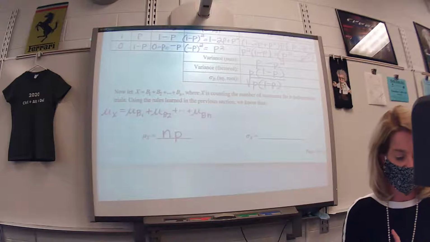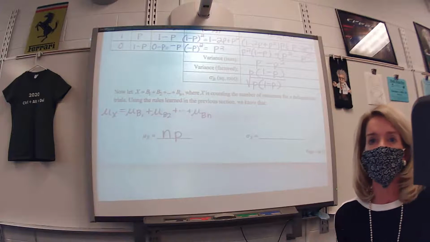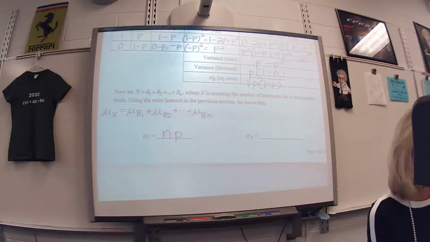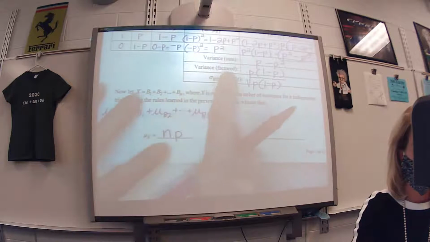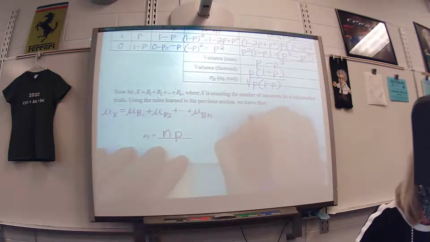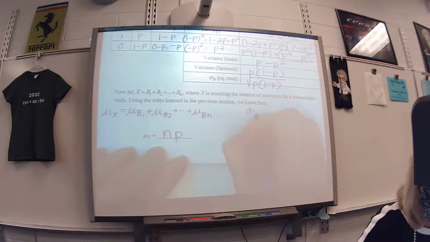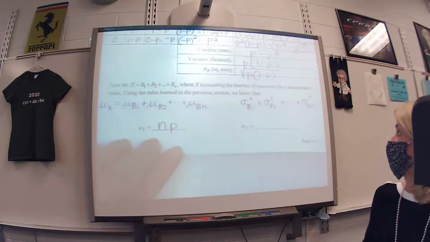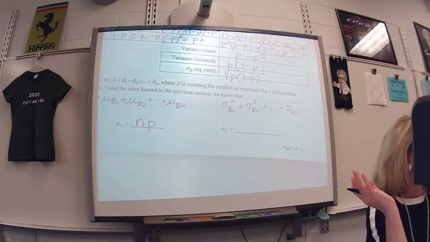But over here, it gets a little messier. Because over here, remember the rule is you can't add standard deviation. You have to add variance. So I'm going to take the first variance, add it to the second variance, all the way up to the nth variance.